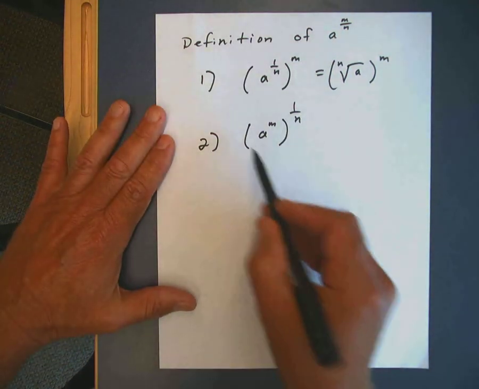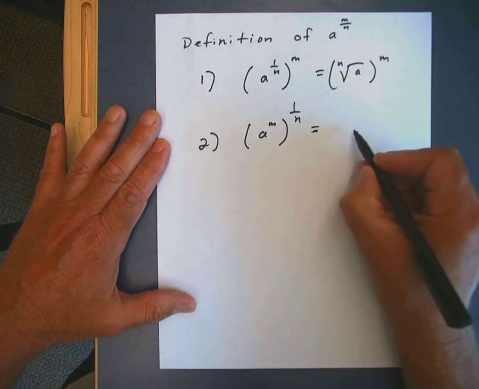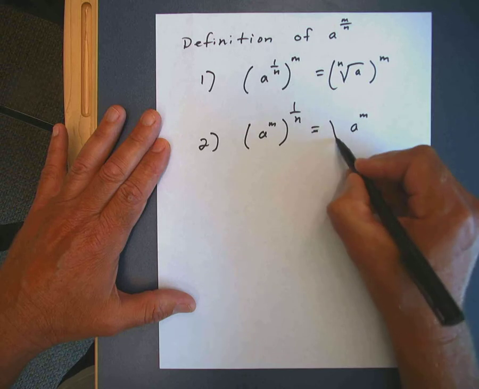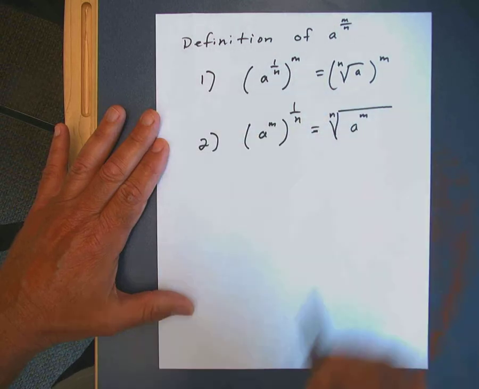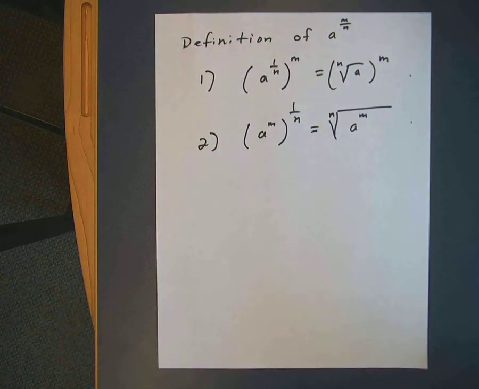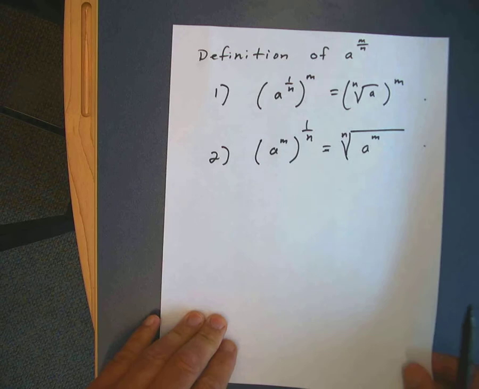If we translate this into root notation, we would have a to the m power, but then we would take the nth root afterwards. Either way of writing it is equivalent, but sometimes one way or the other is more convenient when you're trying to simplify expressions. Let's take some examples from checkpoint 11.